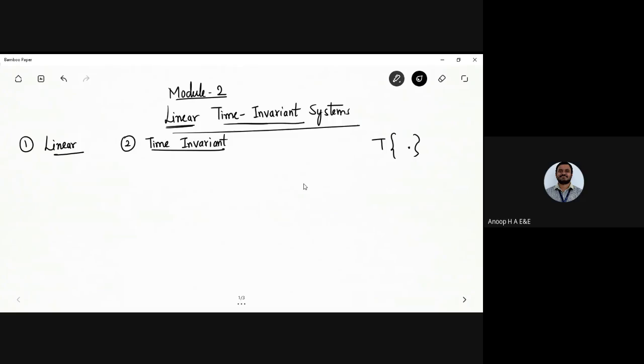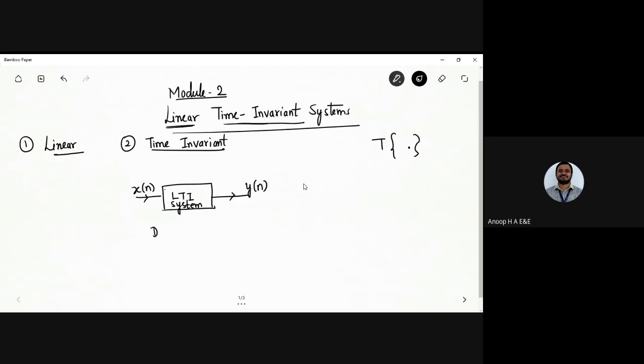Now when I talk about a linear time invariant system, we need to have the input signal, say x of n, applied to an LTI system, and y of n is the output.